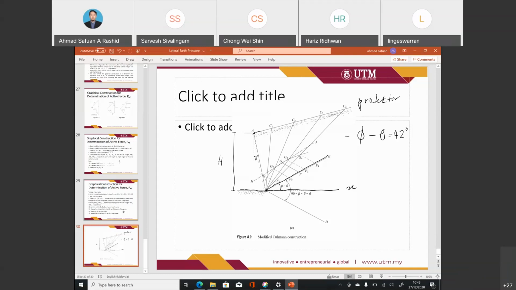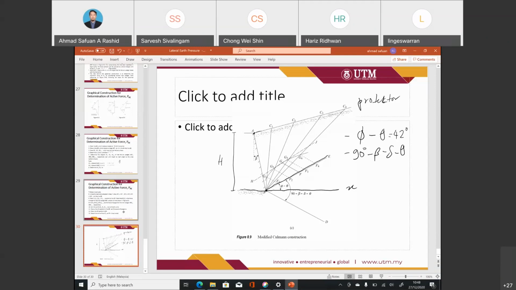So the next step is to calculate the value of 90 degrees minus beta minus delta, which is the friction angle between the wall and soil, and minus theta.